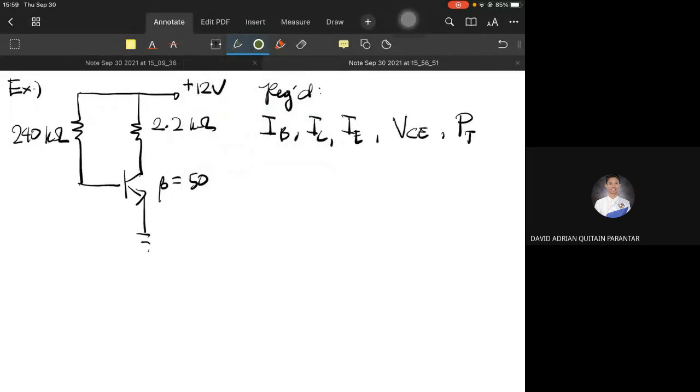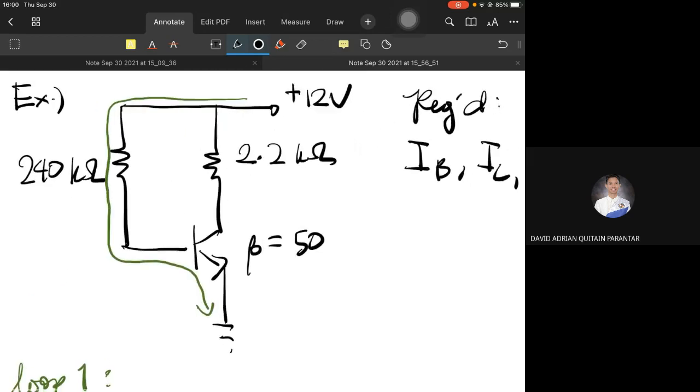First, this loop. From 12 volts to ground, that is the loop. So from loop 1, these are what we encounter.